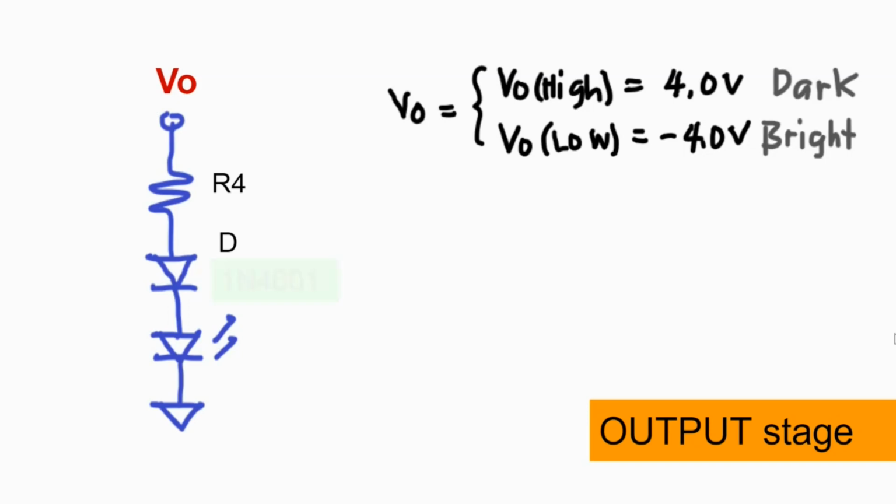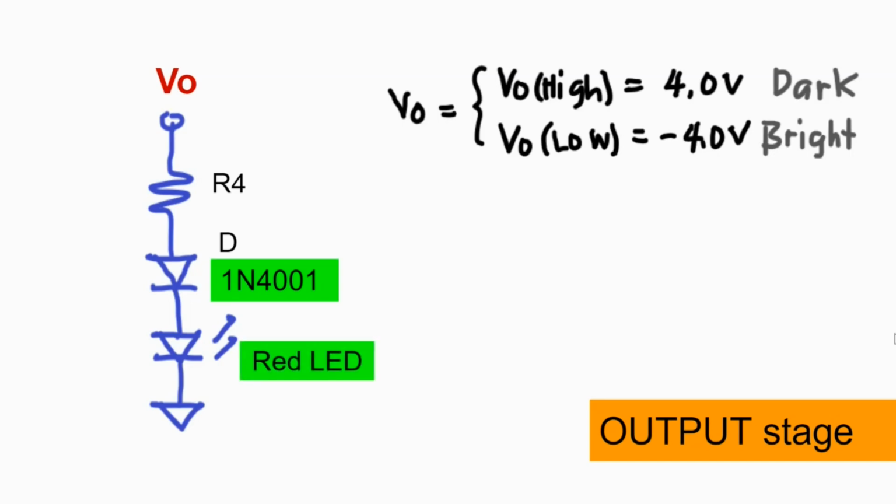That's why we add a diode, a 1N4001, to protect the LED since it can handle as much as 50 volts. Let's compute. When Vo high is 4 volts, that value will be split among 3 components. 2 volts for the red LED, 0.7 volts for the diode, 1.3 volts across the resistor.